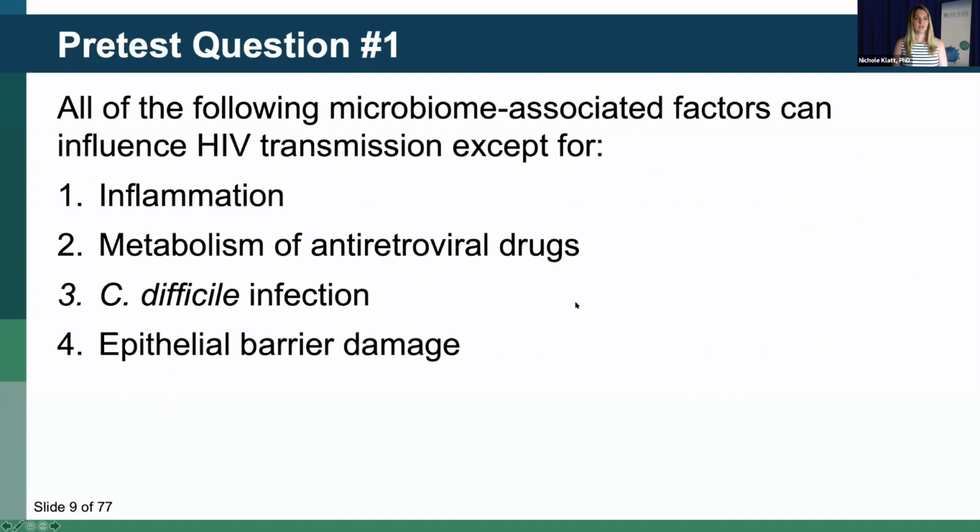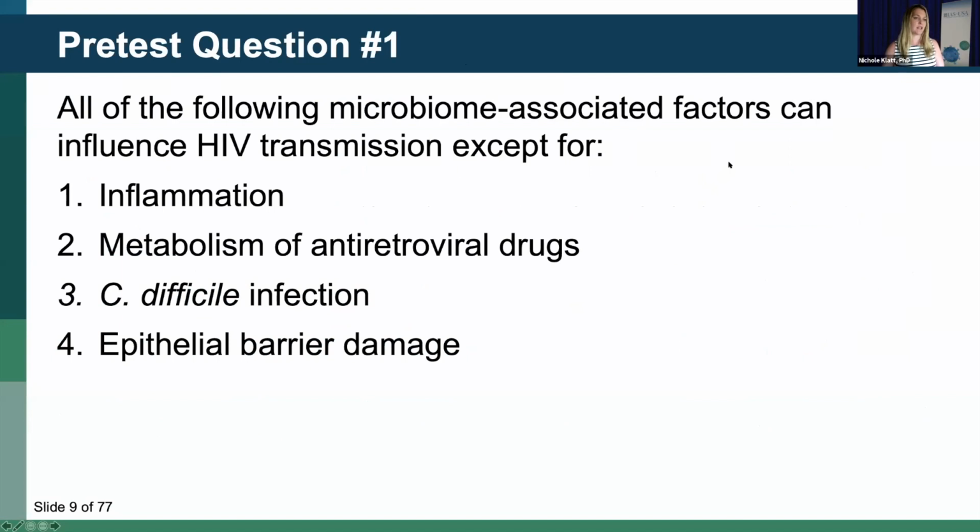So pretest question 1. All of the following microbiome associated factors can influence HIV transmission except for: 1, inflammation; 2, metabolism of antiretroviral drugs; 3, C. difficile infection; or 4, epithelial barrier damage. So 3 of these have been associated with HIV transmission and 1 of them has not.